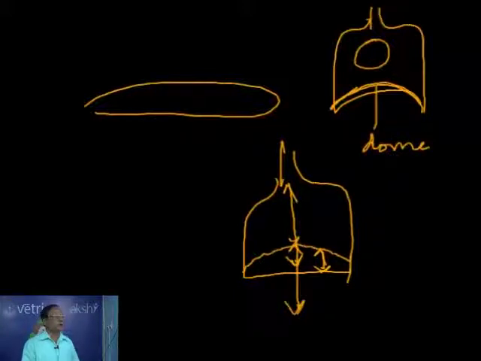At the same time, when you keep the person in a sitting posture, the diaphragm becomes flat, so we get more space. The volume increases, and when the volume of the thoracic cavity increases, breathing also takes place more efficiently. So it's always better to keep the person in a sitting posture than in a supine position.